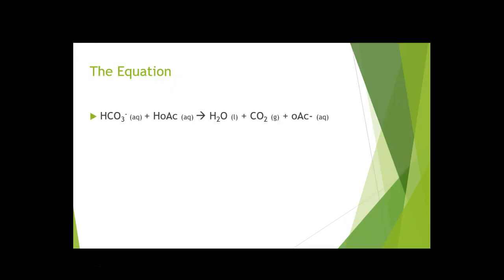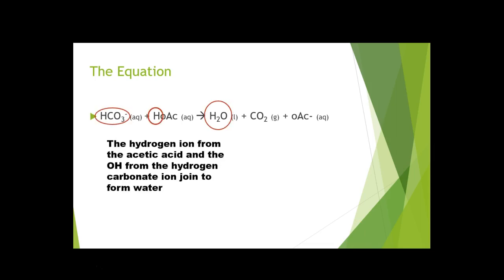And this is the equation that we use for this particular reaction. You will notice that the hydrogen ion from the acetic acid and the OH from the hydrogen carbonate join to form water. That proves that this is an acid-base reaction.